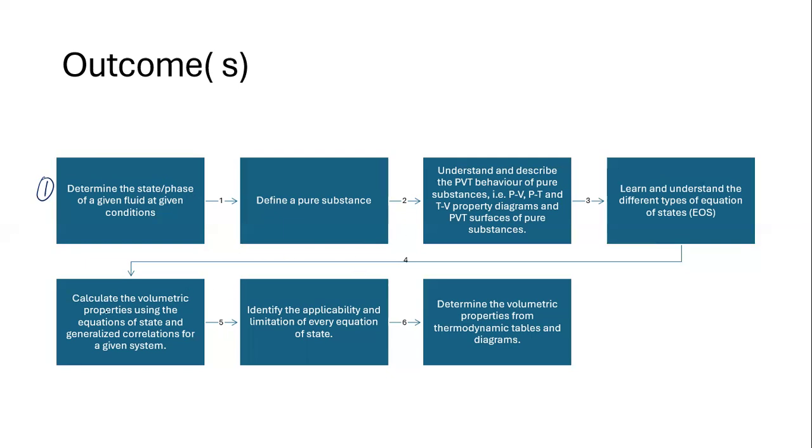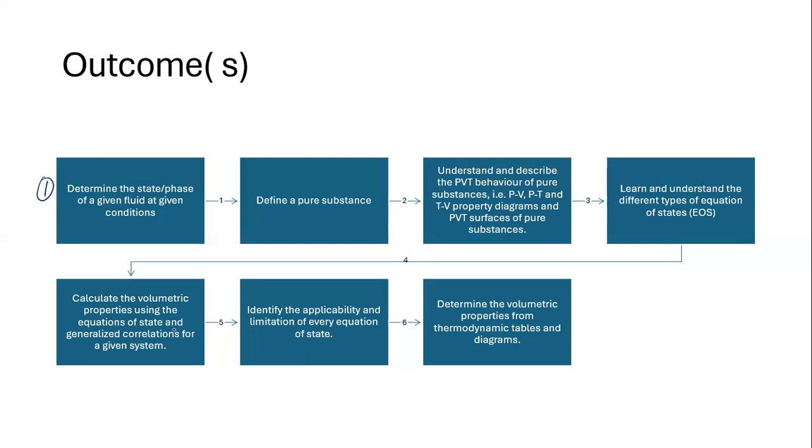And therefore, another outcome, we're gonna calculate the volumetric properties using the equations of state and generalize the correlation for a given system. So basically, from this learning outcome coming to here, it is just an integration. We integrate this learning outcome to this one. But what we know is we're going to have to look at the correlation.